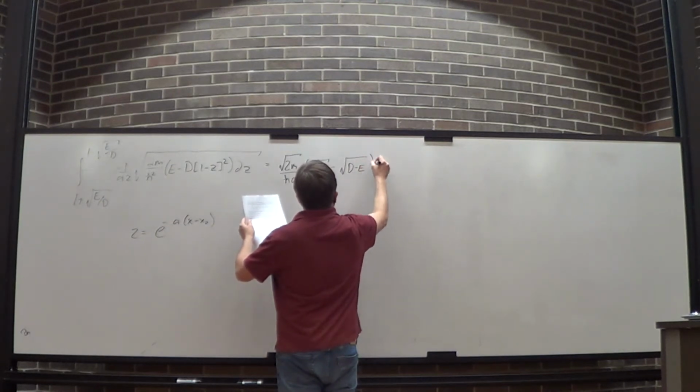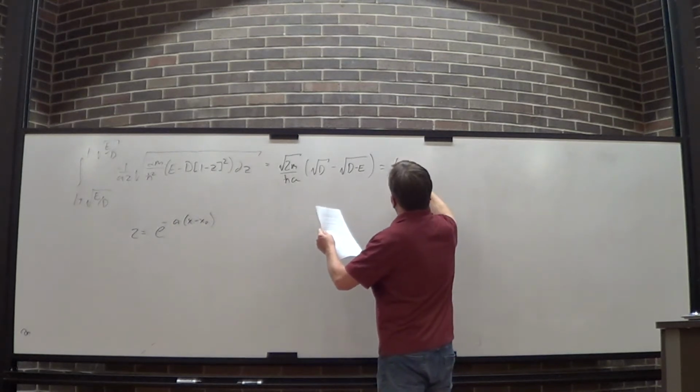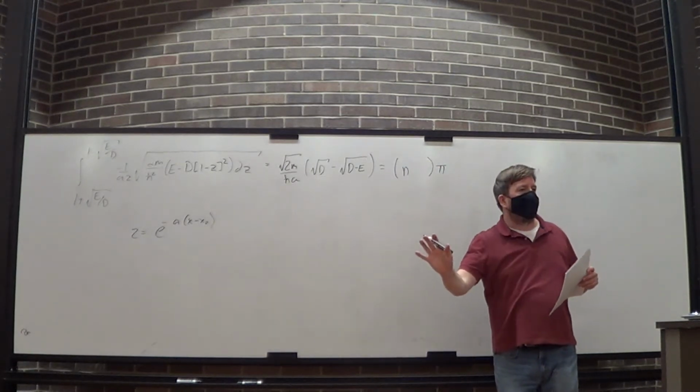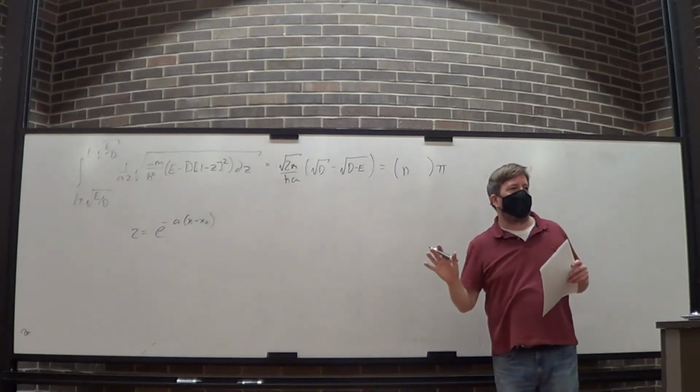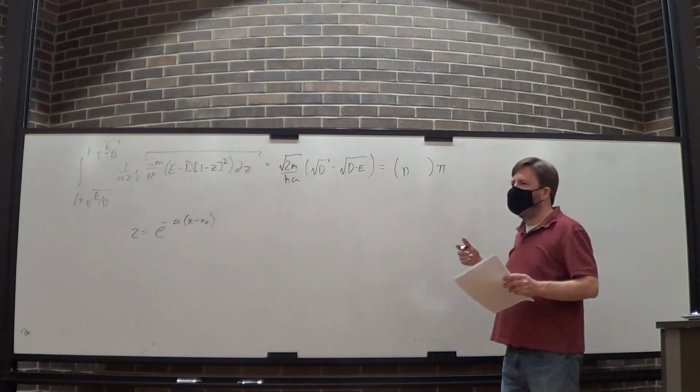Now, for reasons I explained in class, when you're doing a particle in a box, the entire WKB integral, the boundary condition just says you have to be a multiple of n pi.